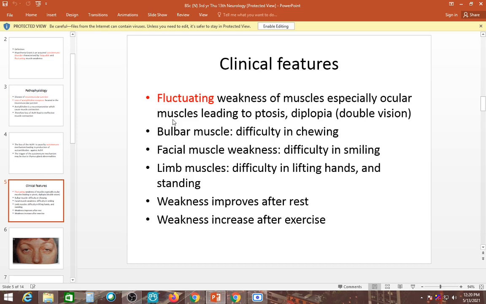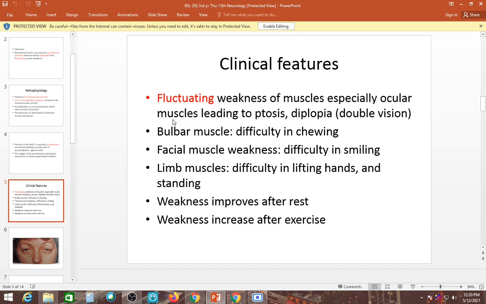In the afternoon, I'm not able to chew meat properly. Then they say, in the morning, I was able to smile properly, but afterwards, I find it difficult to smile. So this weakness is very fluctuating. They say that if I take an afternoon nap, I'm all right again. In the evening, I'm fine, but afterwards, it starts again. So it is a fluctuating weakness and a fatigable weakness.